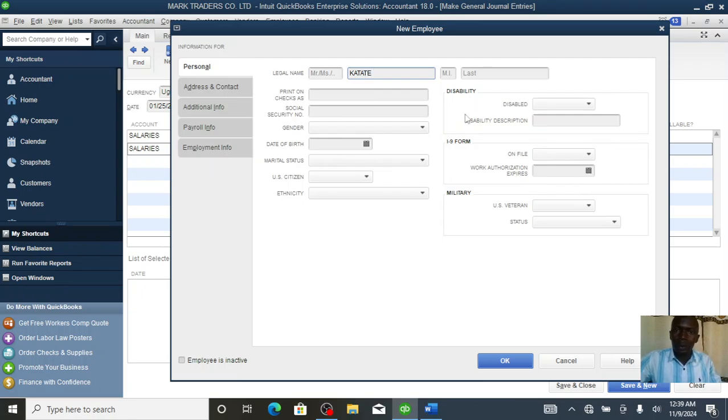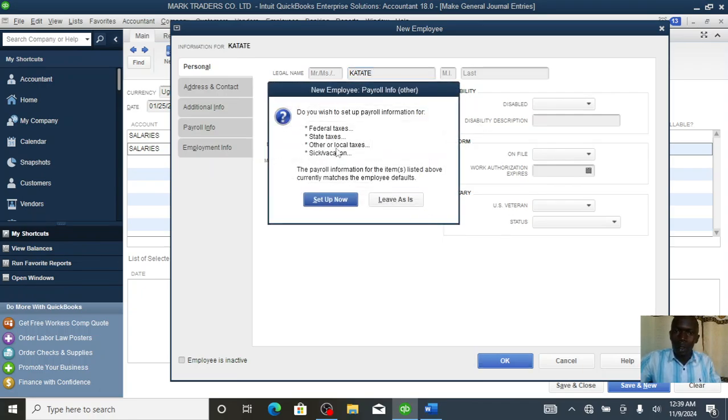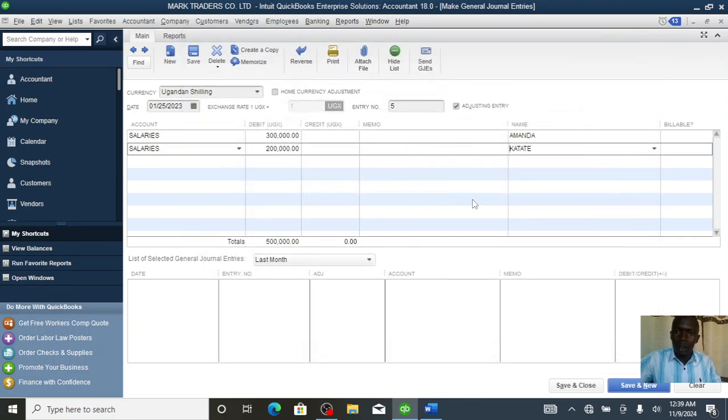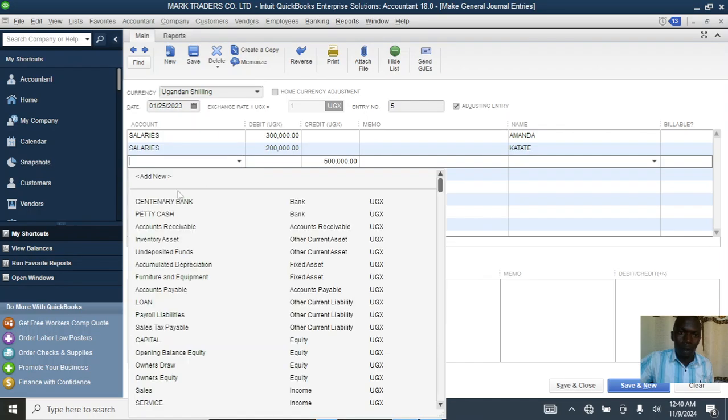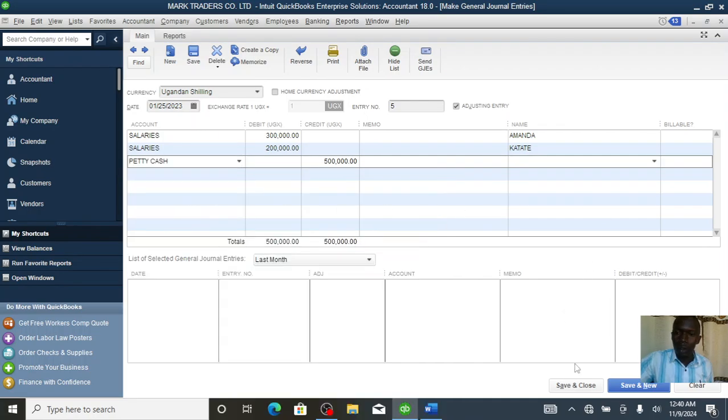Katate. Okay. Leave as is. They were paid by cash, so we credit cash. It is petty cash. Then we save and close.